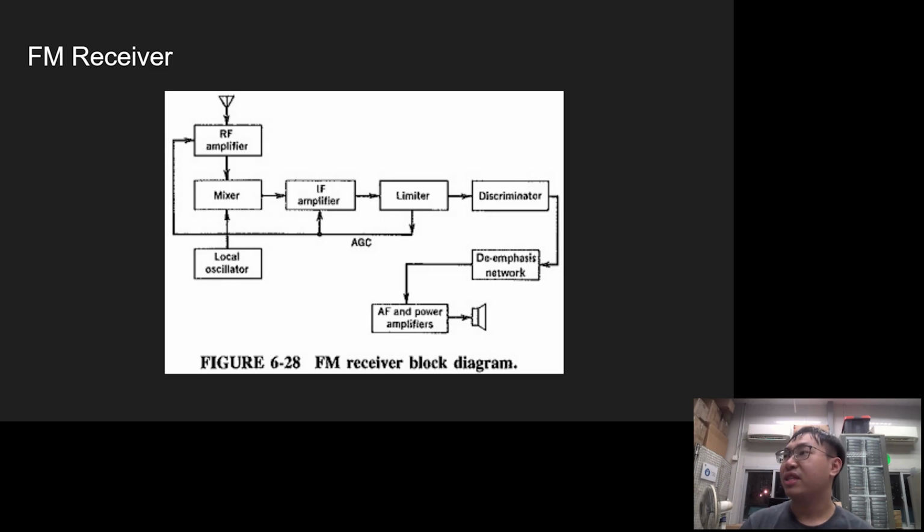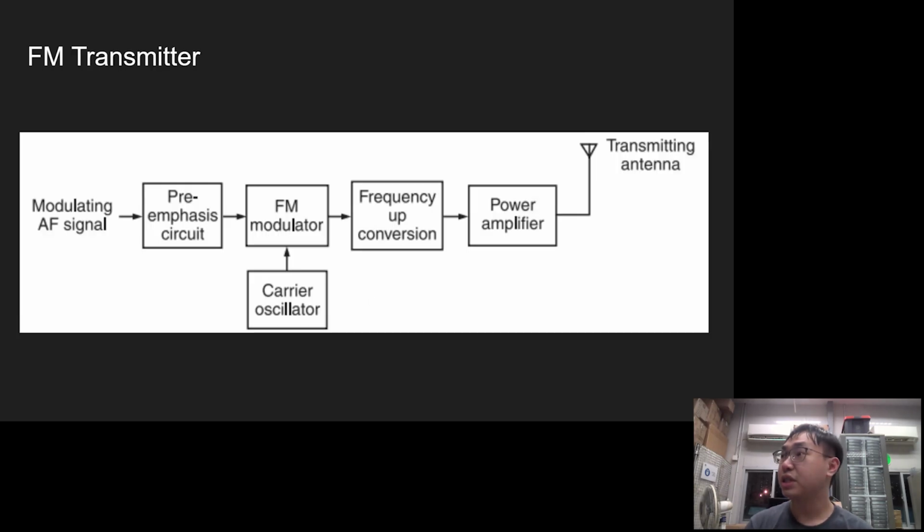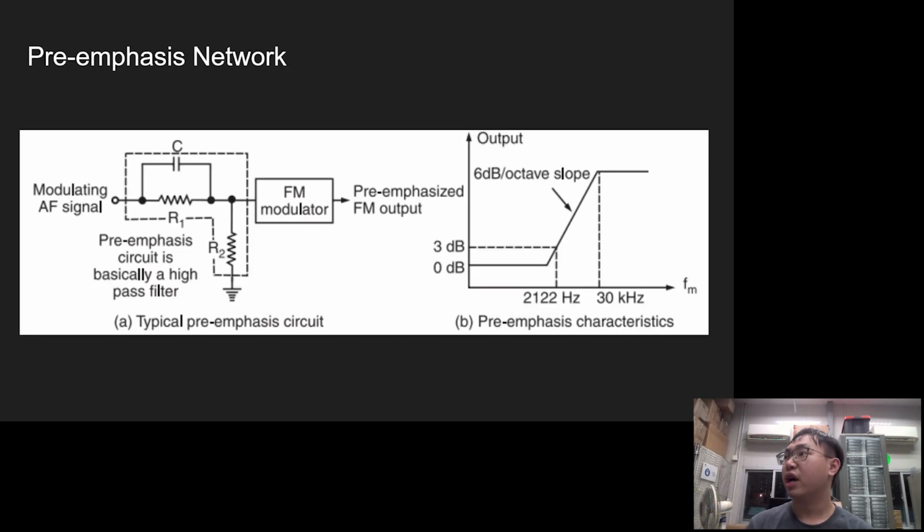And you see that the emphasis network is very important here. So in the FM radio, you have a pre-emphasis circuit. But bear in mind that the pre-emphasis and de-emphasis circuit goes like a linear curve, a 6 dB curve. So the de-emphasis and pre-emphasis should match.